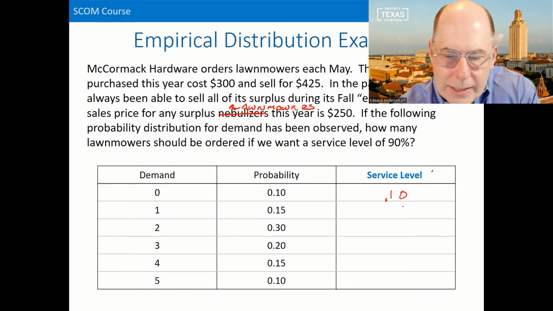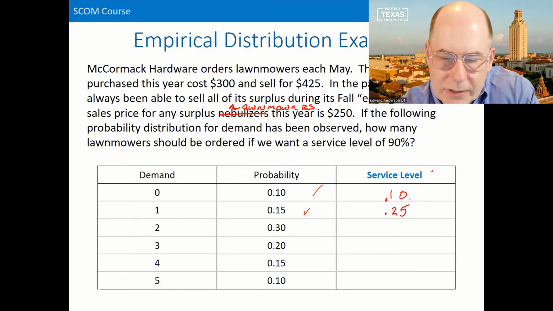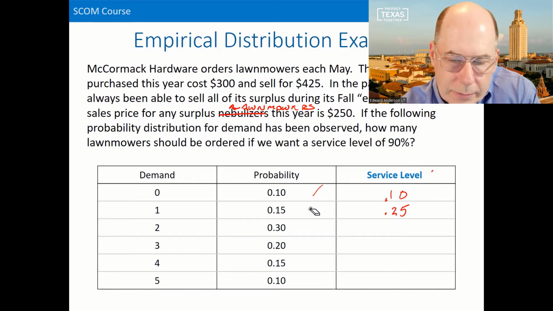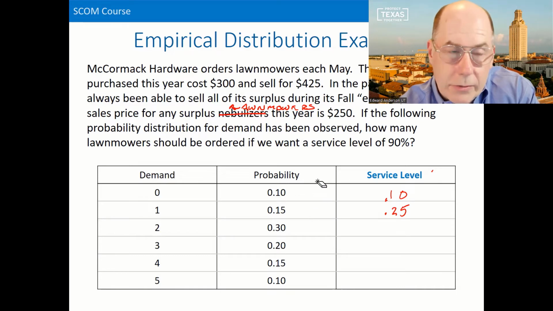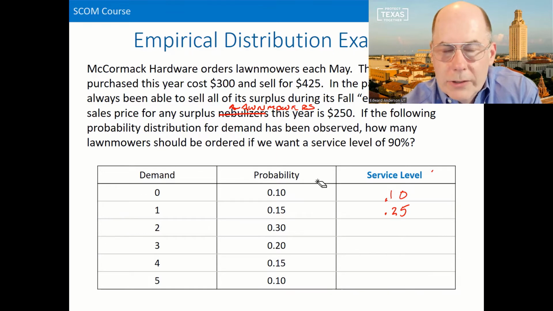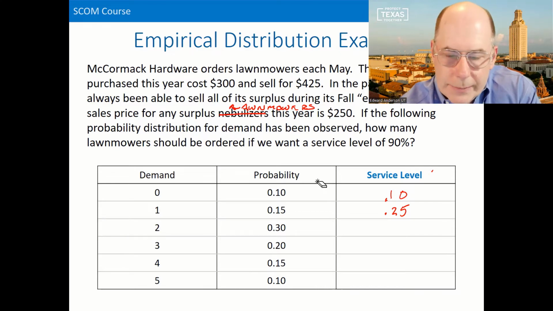So if we look at the odds of that, 0.15 plus 0.10, that means our service level is 25%. That means we've got a 25% chance of having enough lawnmowers on hand to satisfy all customers and not stock out. By the way, that would also imply that our probability of stocking out would be 75%.